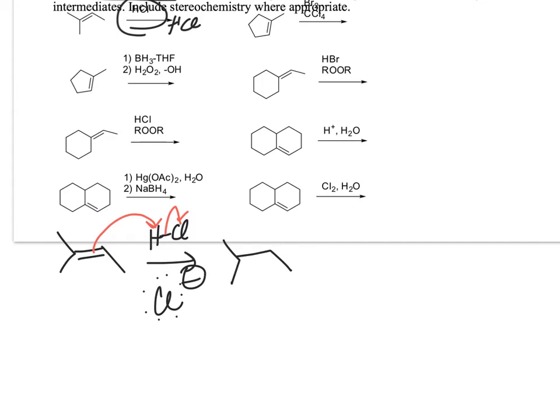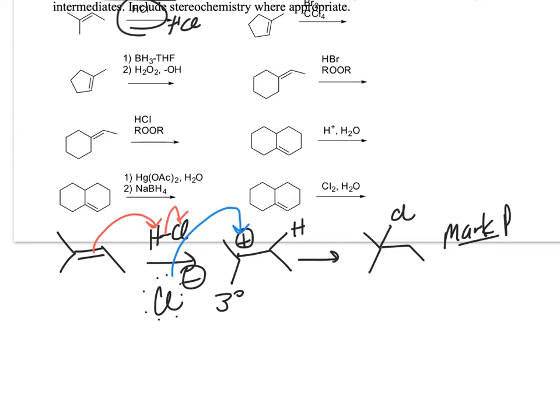The hydrogen will go on the least substituted carbon of the carbon-carbon double bond, and the carbocation then would be on this carbon, which is a tertiary carbocation. Then the chloride would come in, and the nucleophile attacks the electrophile to give the more substituted Markovnikov product.